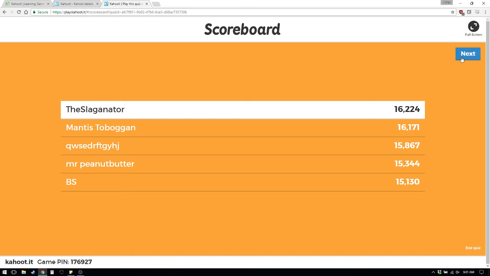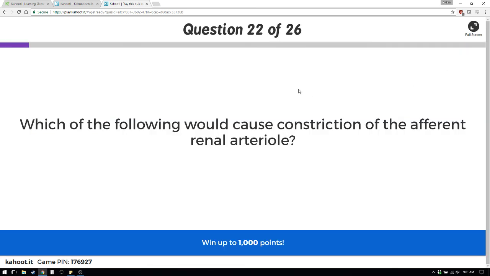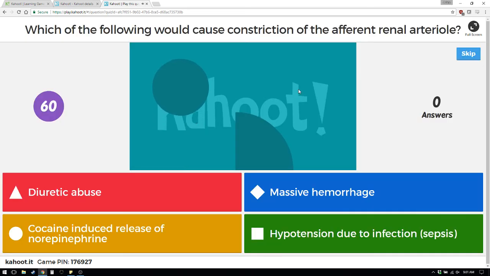All right, Slaginator coming up in front. Which of the following would cause constriction of the afferent renal arteriole? This is going back to our autoregulation.